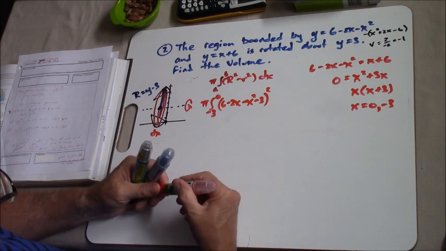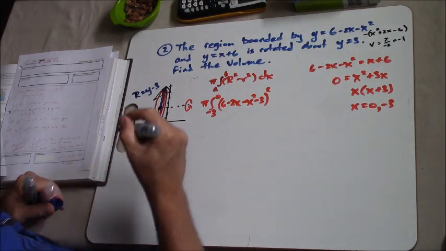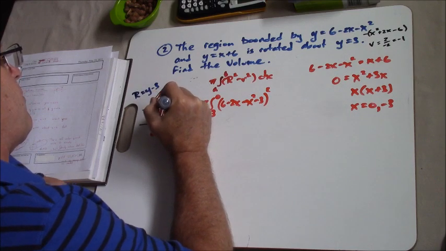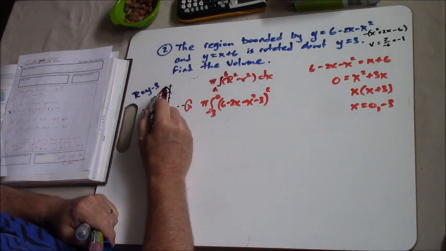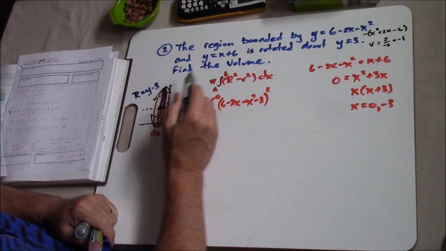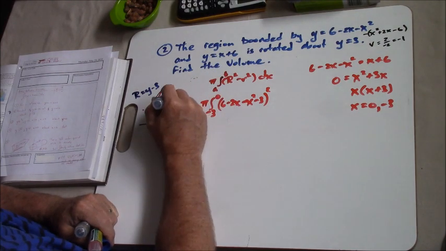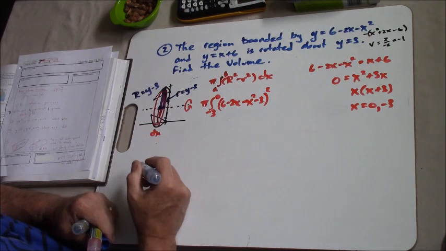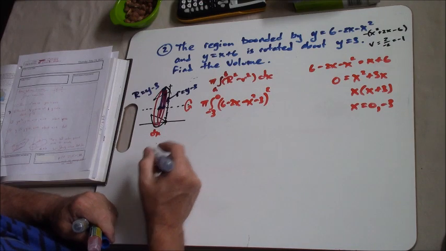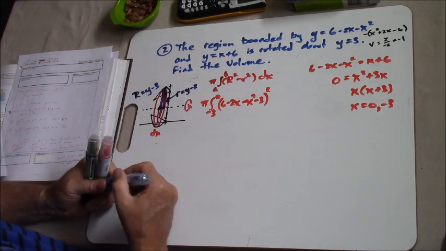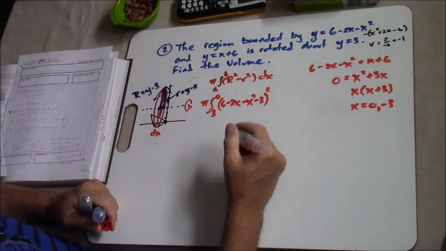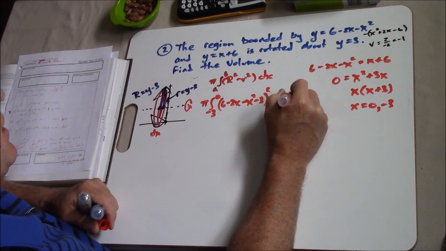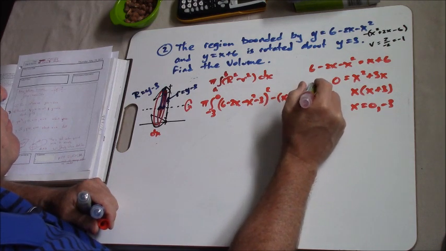And now I need the small radius, which would go from this point down to here. And so this y value comes off this line right here. So little r will be y minus 3 as well. But I have to put this stuff in place of y. So minus little radius is going to be x plus 6 minus 3 squared.